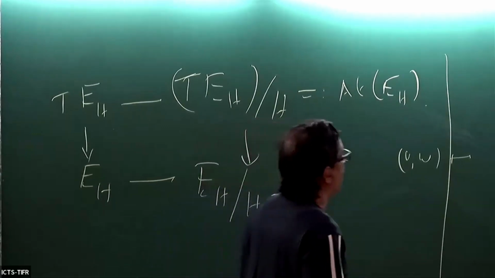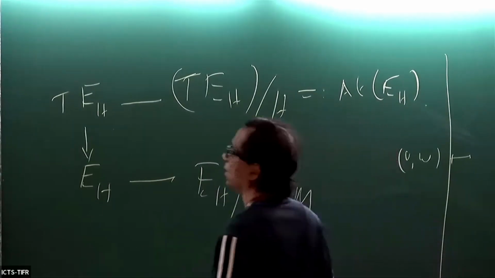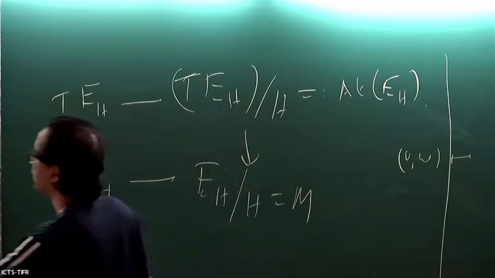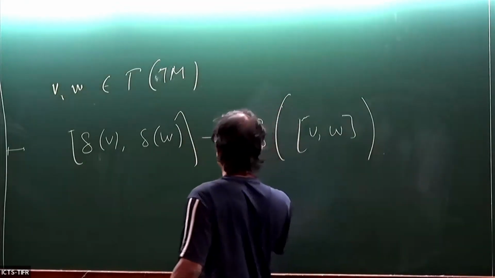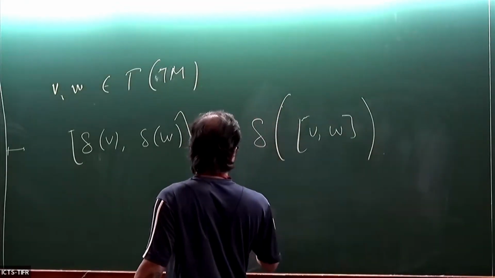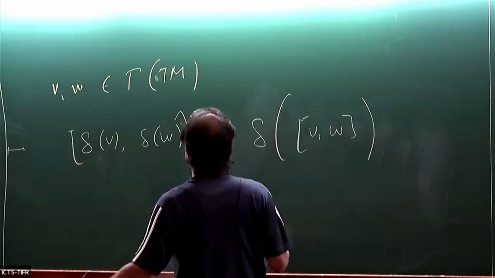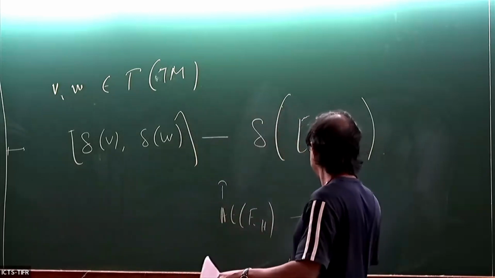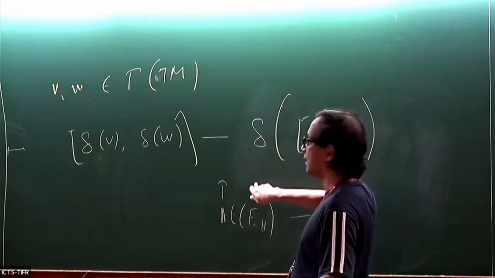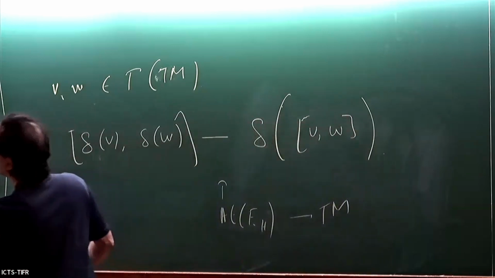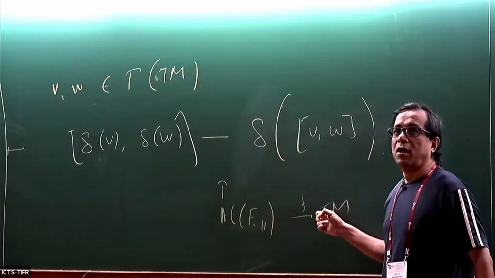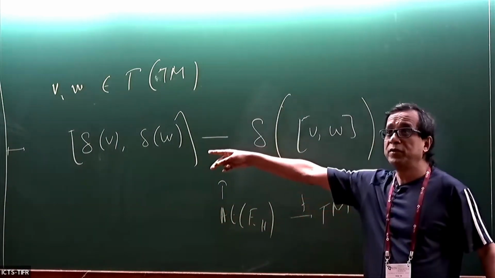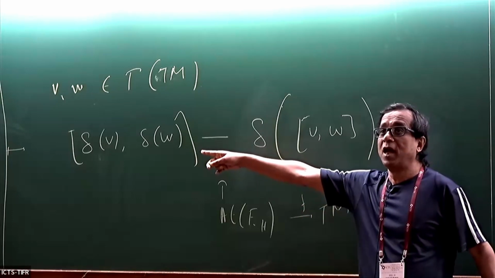Now, since it's a splitting, a priori it is a section of the Atiyah bundle. But if you project it to T of M by this map, I call it F, then you get 0, because all the homomorphisms are Lie algebra structure preserving.